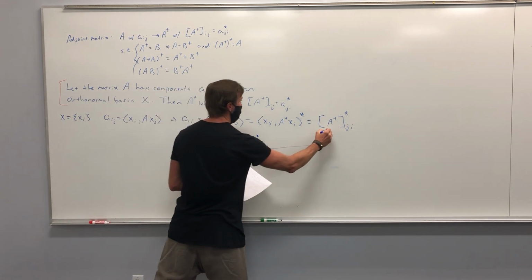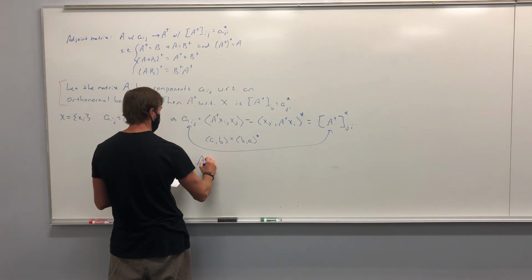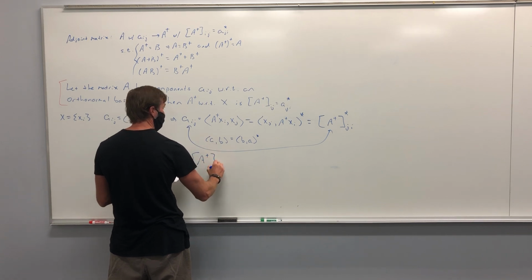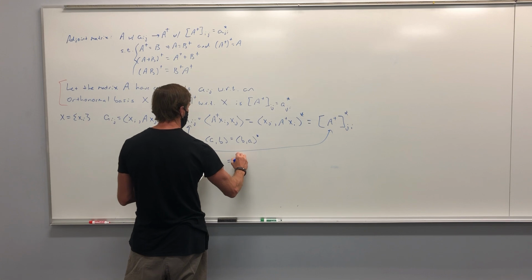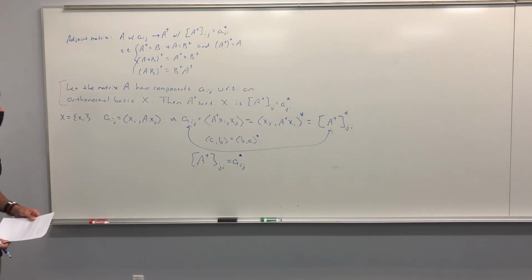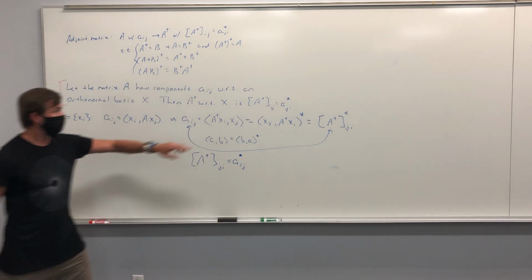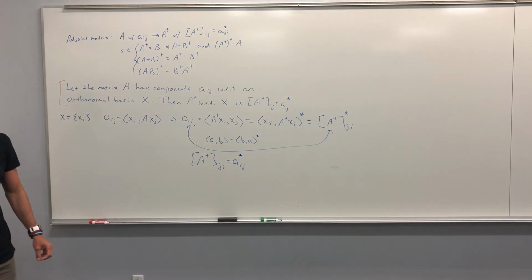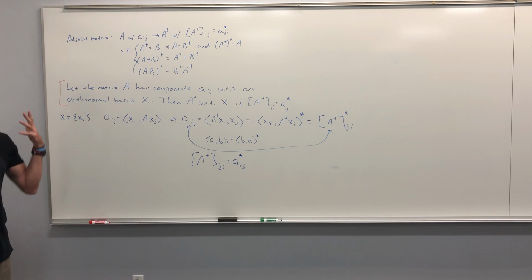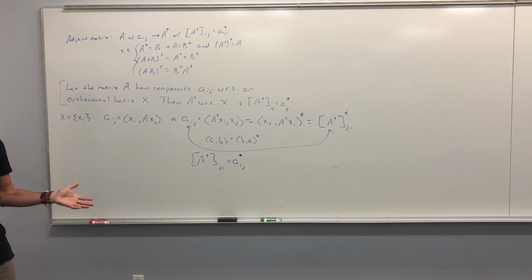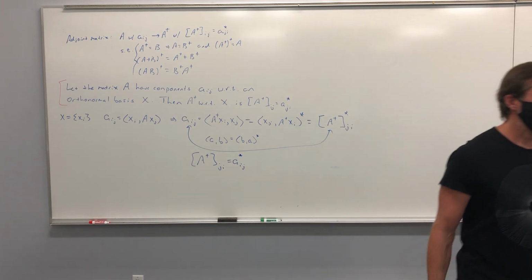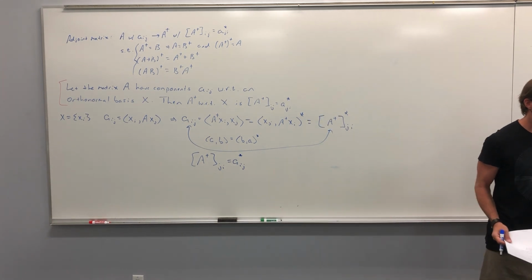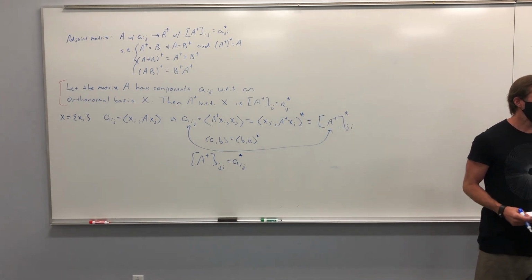Taking these two together, (A†)_ji is A_ij star. Which is what I promised you. So again, I'm not using matrix language to show this. I'm just using the definition of an adjoint operator. I'm not appealing to any matrix language.